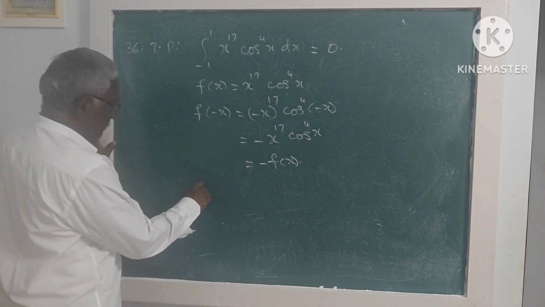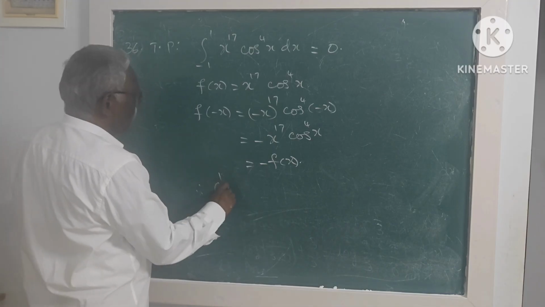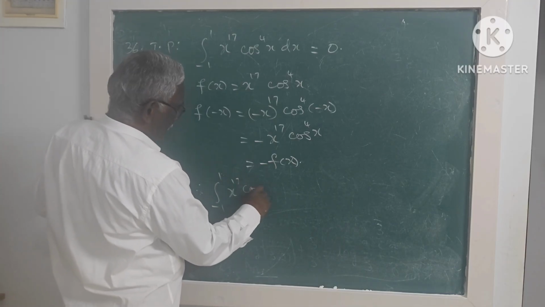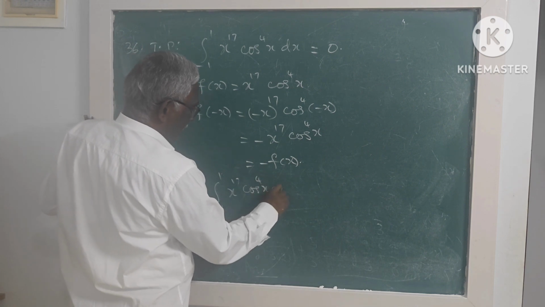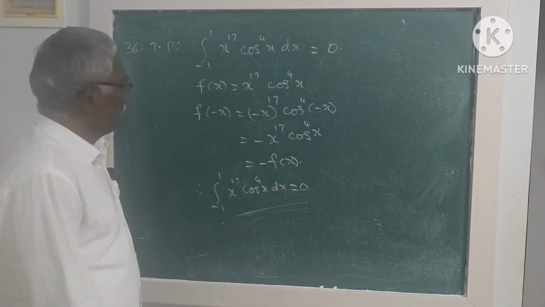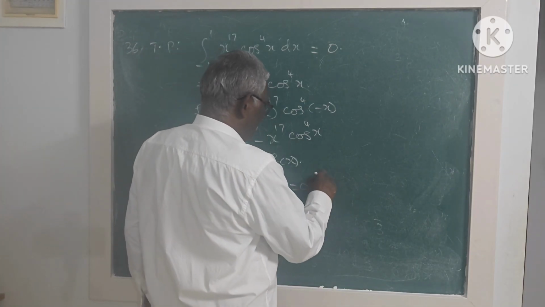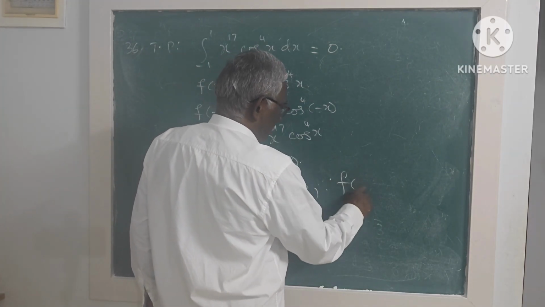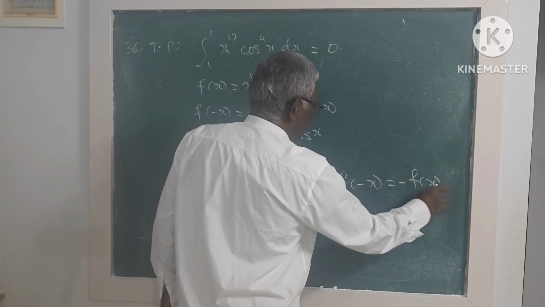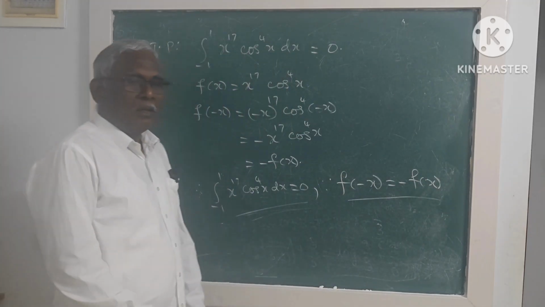Therefore, integral from minus 1 to 1 of x power 17 cos power 4x dx is equal to 0, since f of minus x is equal to minus f of x. That is, f of x is an odd function.